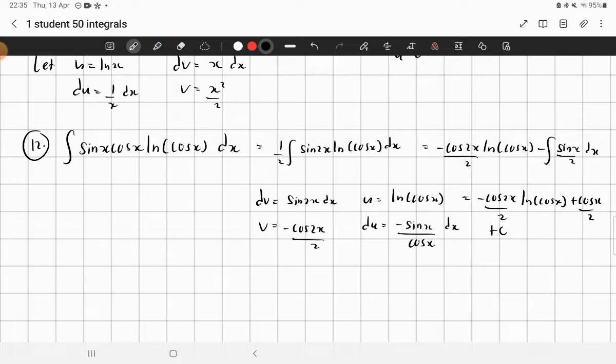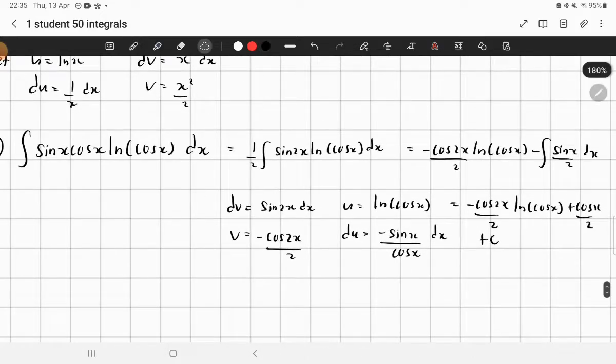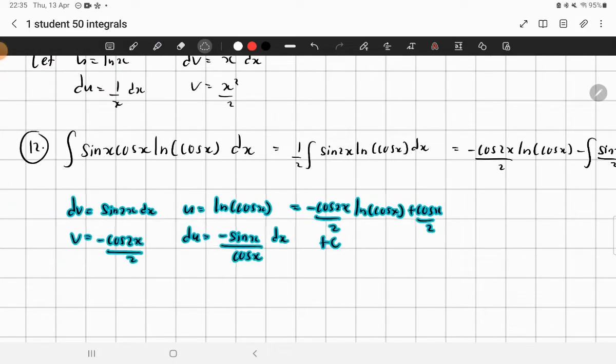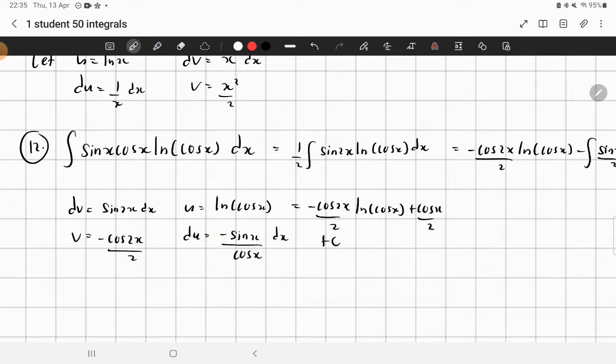So let me check. 1 over 2 sine 2x. Okay, looks good. Oh, yeah, I made a mistake here. Sorry. Okay, let me just rearrange this. I believe I forgot about the double angle on my cosine 2x.